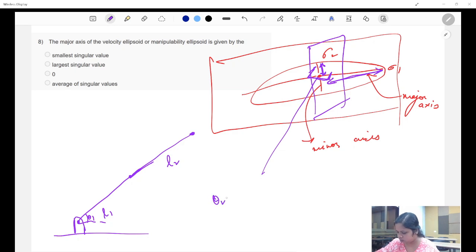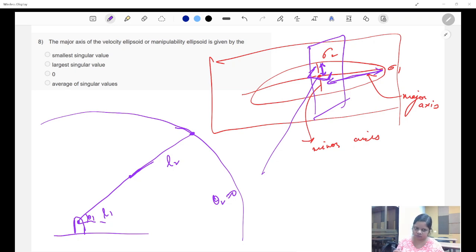So theta 2 is 0. And then you have a workspace definitely, so it would be somewhat like this. Now, you have achieved this configuration where theta 2 is equal to 0. So you have achieved a singular configuration.